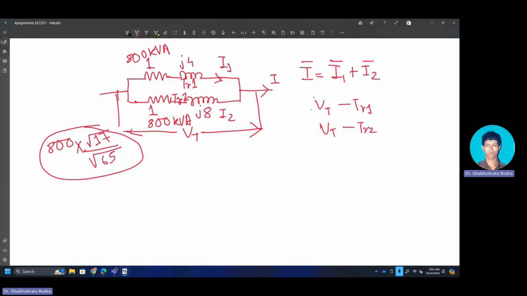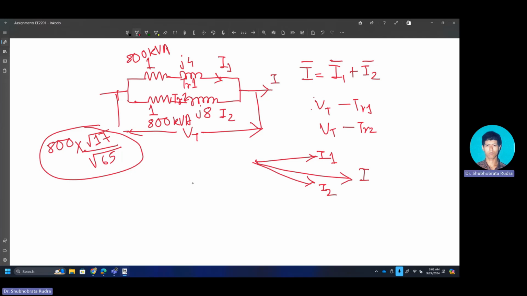And then you have to figure out that if these two are in parallel, say one transformer current is like this, then the other transformer current will maintain some angle, I1 and I2. So the resultant will give you I, right?